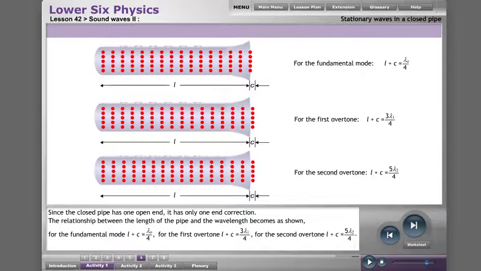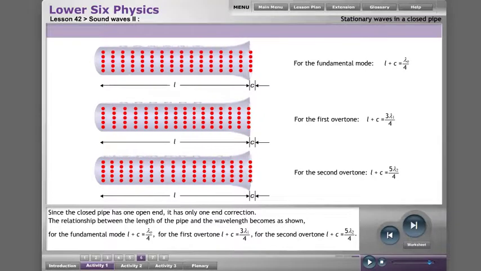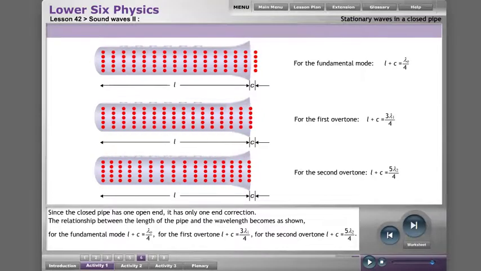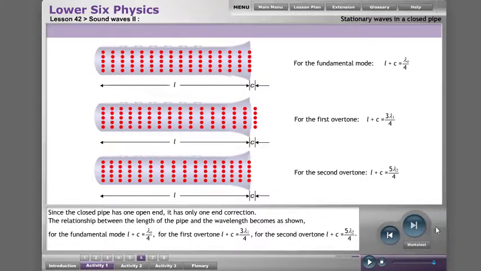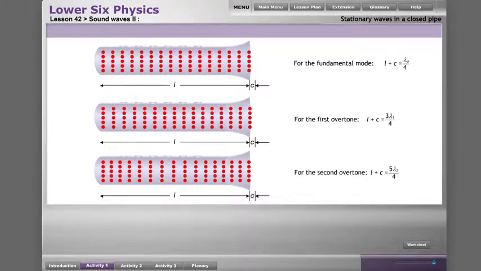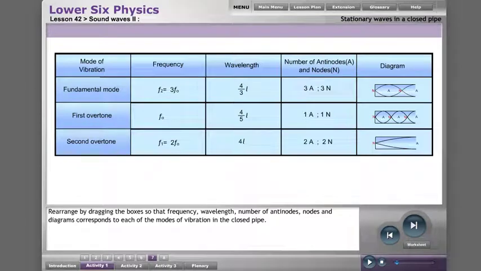For the second overtone, L + c = (5/4)λ2. Rearrange by dragging the boxes so that frequency, wavelength, number of antinodes, nodes and diagrams correspond to each of the modes of vibration in the closed pipe.